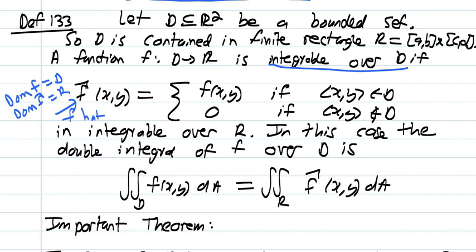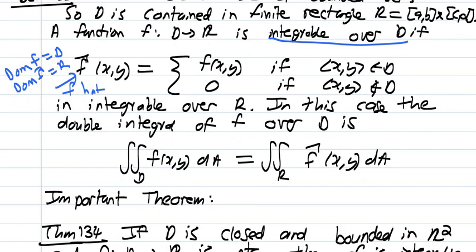The double integral of little f over general region D, dA, equals the double integral over R of f hat dA. And we know that this exists because if f hat is integrable over region R, then it makes sense to write down the double integral of f hat over region R, dA.